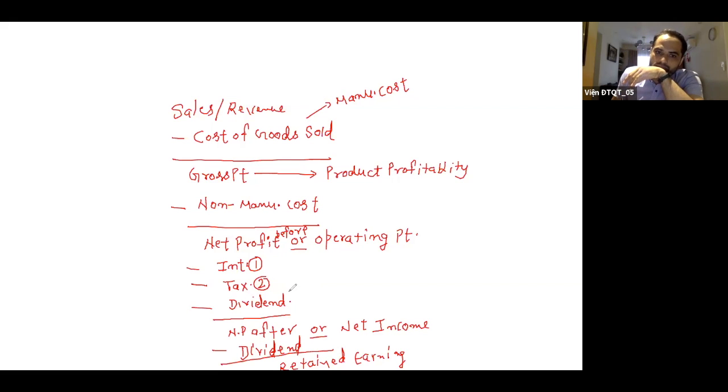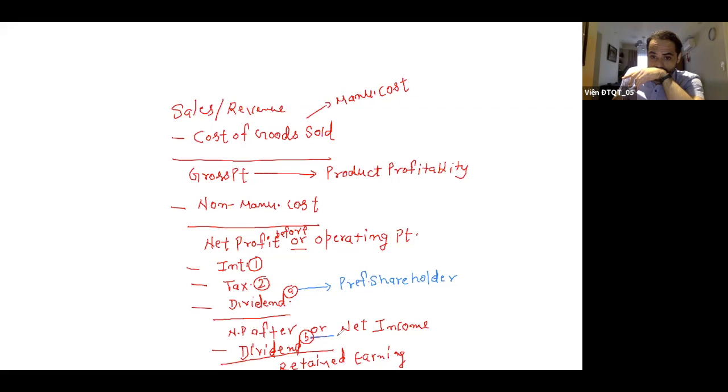Once we pay tax, we're gonna pay dividend. You can see I write two dividends here, dividend A and dividend B. Dividend A is a dividend for preference shareholders. The dividend we pay to preference shareholders, we call preference dividend.